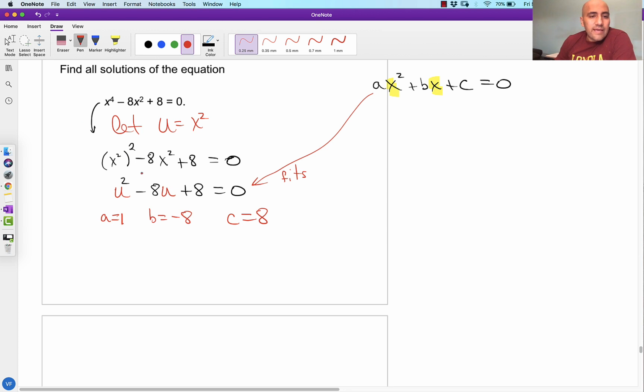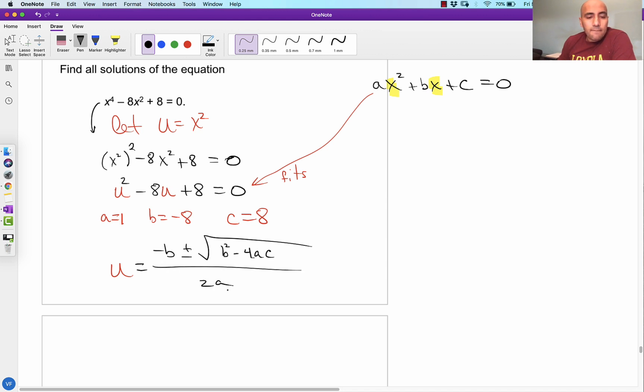So now I'm saying that the solution to this is going to be equal to u, and it's that little formula. Negative b plus or minus the square root of b squared minus 4ac all over 2a. Quadratic formula. So therefore my u is equal to -1 times b, where the b is a -8.